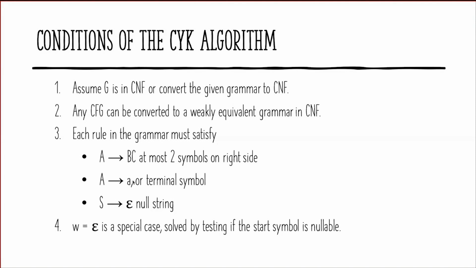So if your W is epsilon, the direct answer is: if you have the rule S goes to epsilon, where S is the start variable, then your answer is yes, and otherwise you can return no.